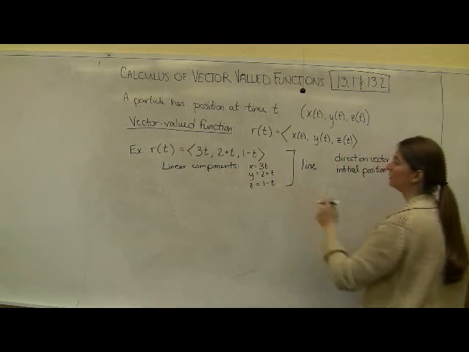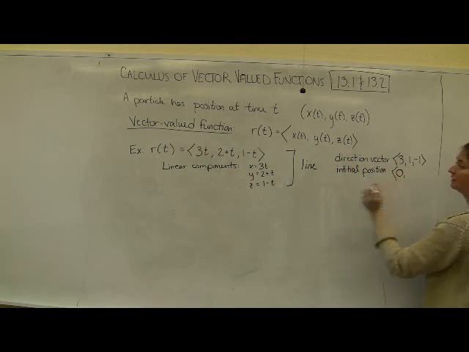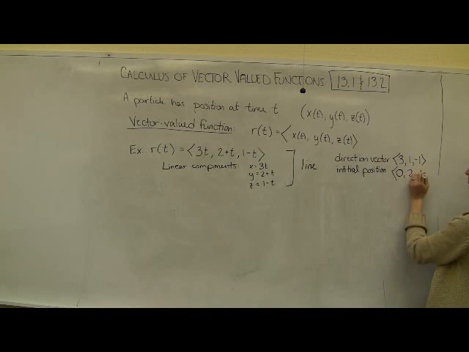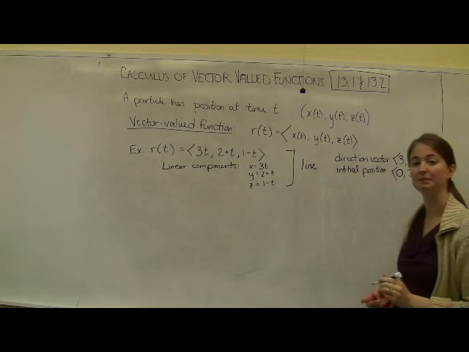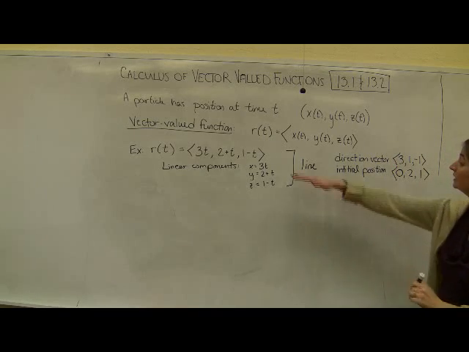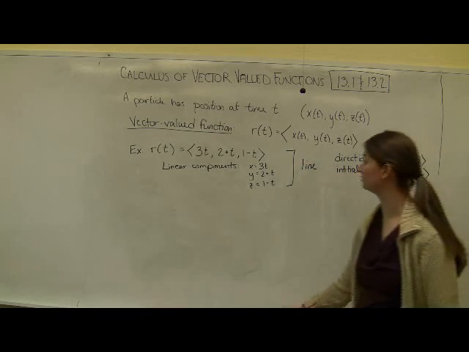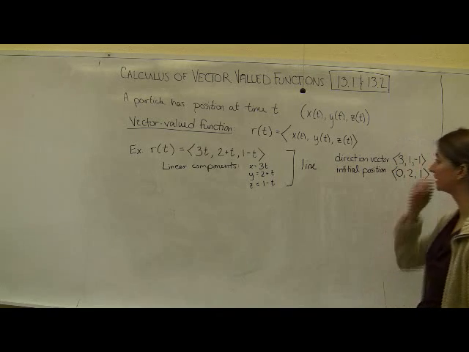So when t is 0, we get 0, 2, 1. I just want to bring this up to mention the fact that we've already seen some vector-valued functions before in the terms of linear functions.